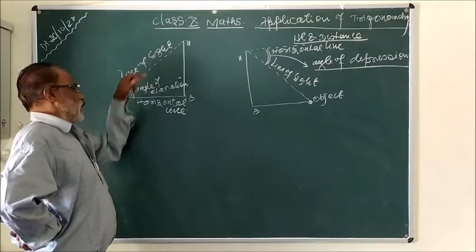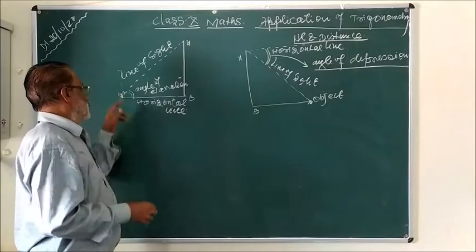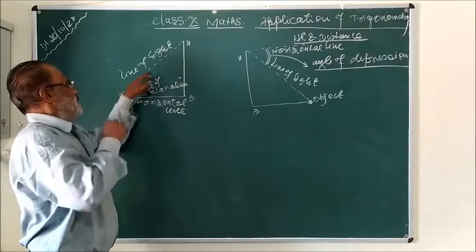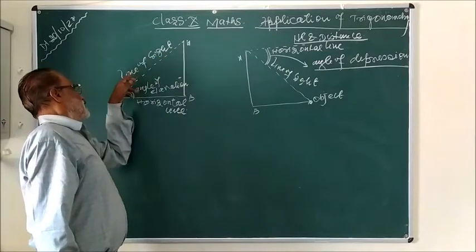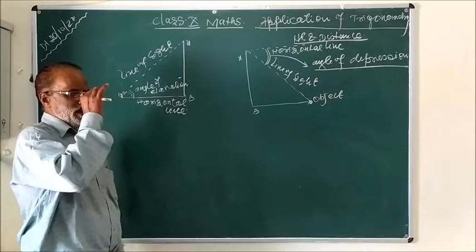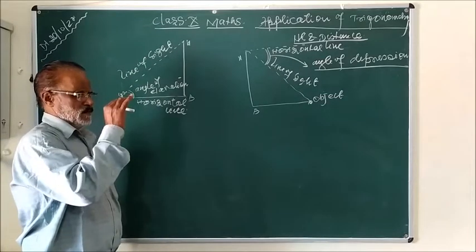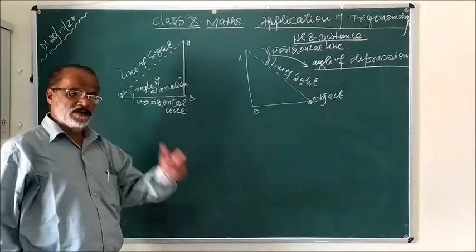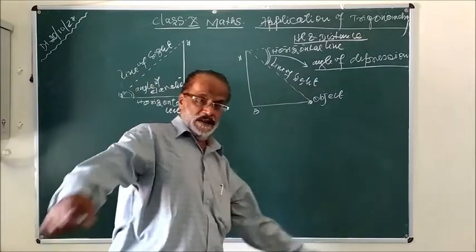If you want to observe the top, this line is called the line of sight, and this is the horizontal line, and the vertical line you have studied in geometry.